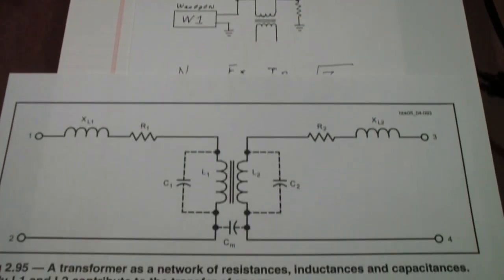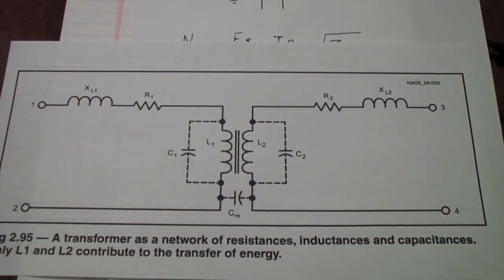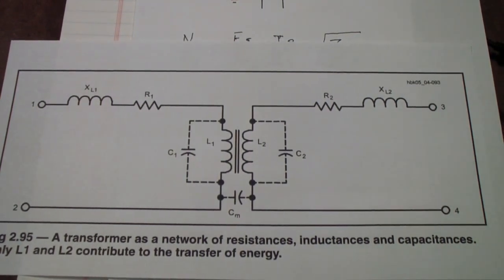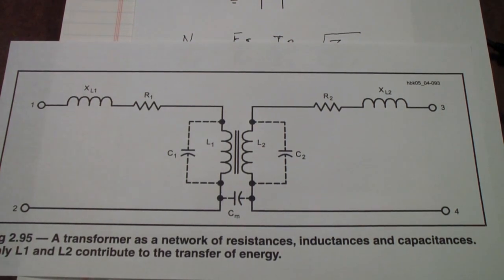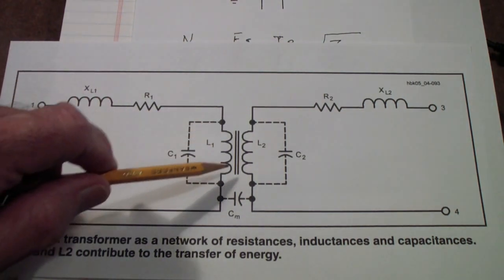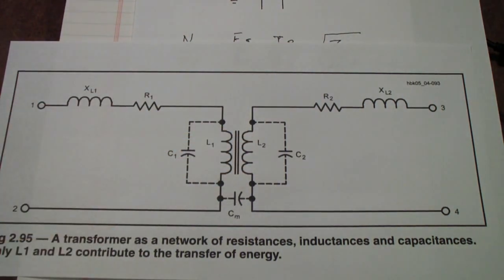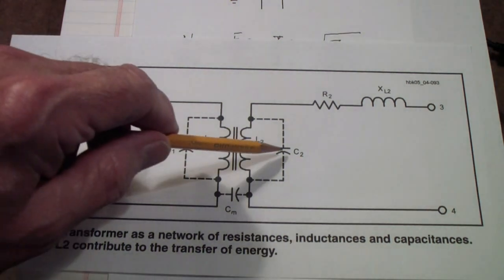And one of the reasons is, this is actually a simplified version of what goes on in a transformer. Notice that in addition to just the primary and secondary windings, there is also capacitance, both in the primary and the secondary.